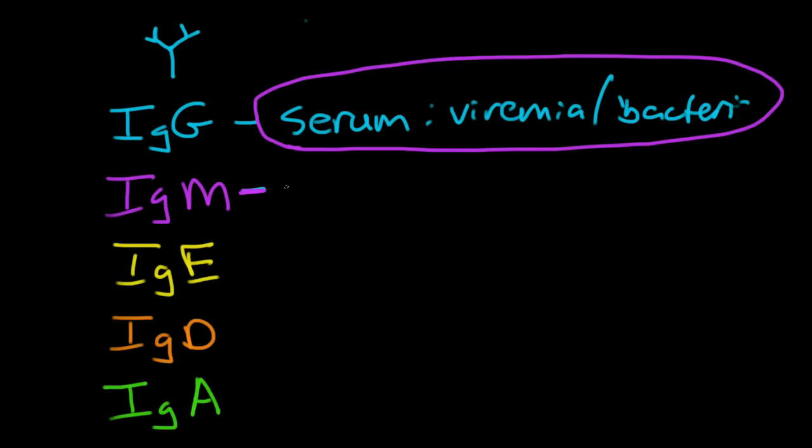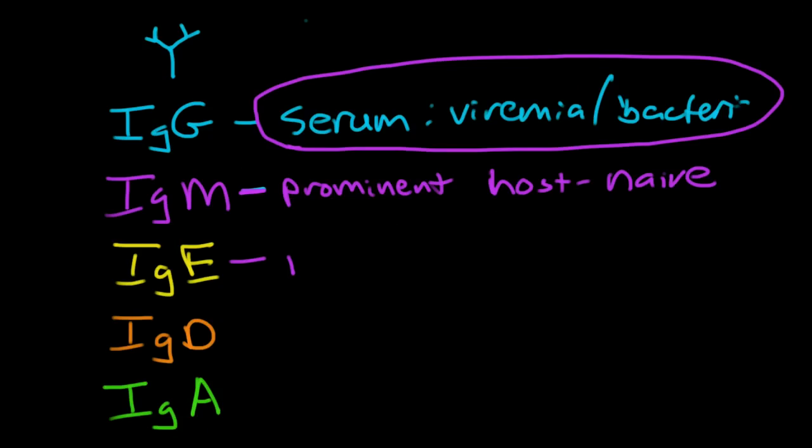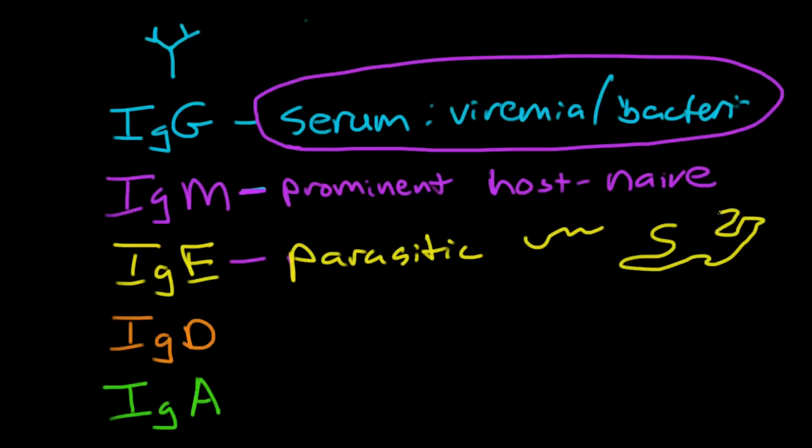So these are prominent for what are called host-naive infections, particularly in bacteremia. IgE is prominent for parasitic infections. So, worms and amoebas and multicellular organisms.